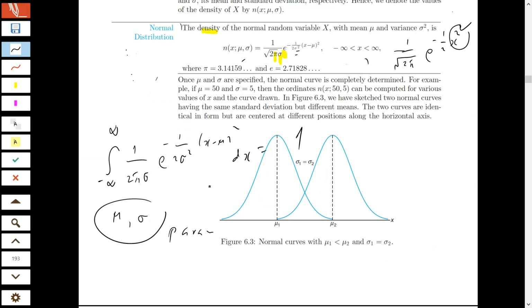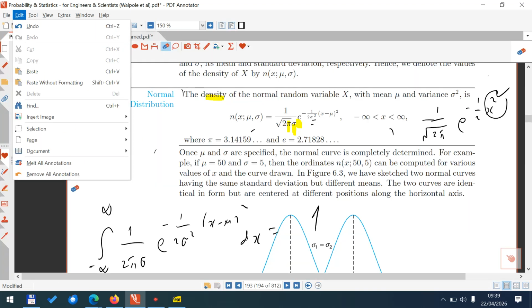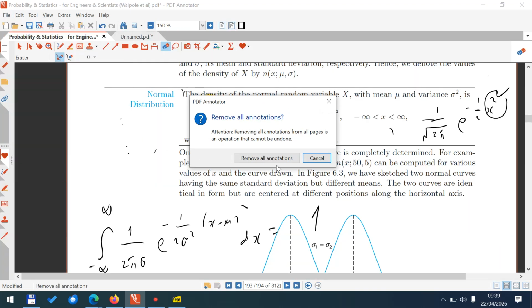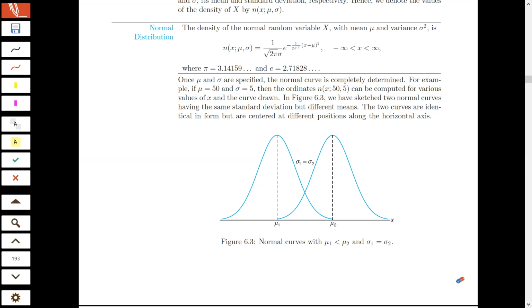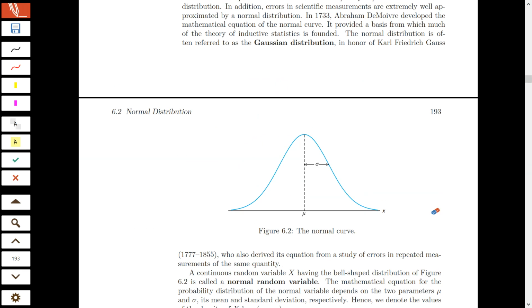Now this is the significance of having different means. So for now remove all these annotations. You need to be able to make sense of such plots. That was one way of investigating it, where I don't change the mean, I just change the standard deviation, and I can have different distributions.